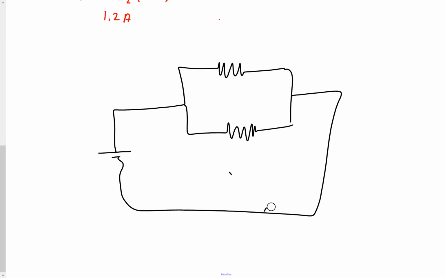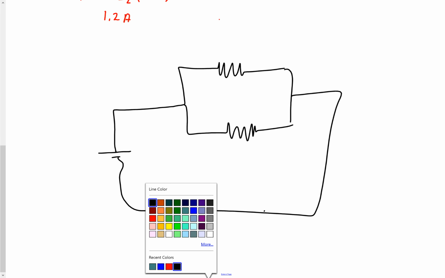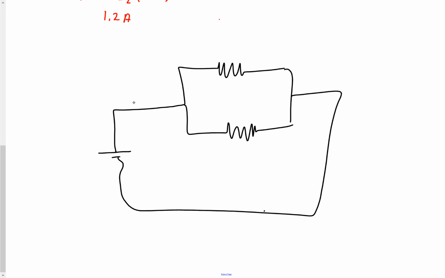Here's what we've already discovered in solving this problem. Even before you do your math, we found leaving the battery is 1.8 amps. We've already found that going through this 10 ohm resistor, there was 1.2 amps.